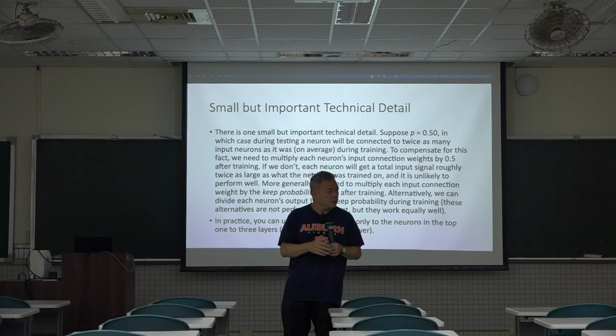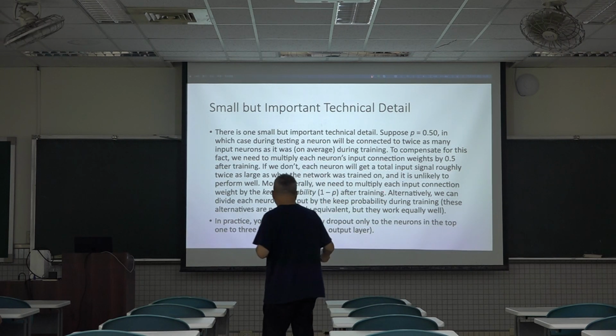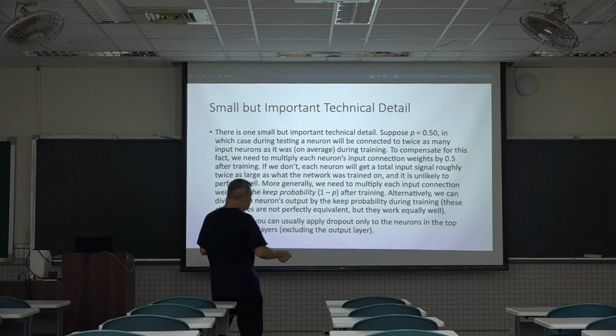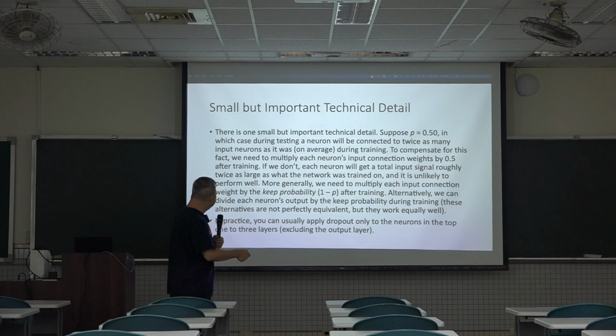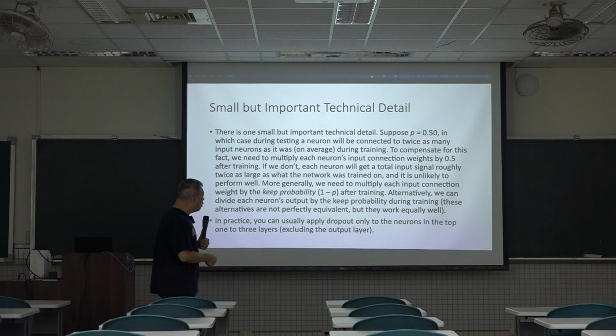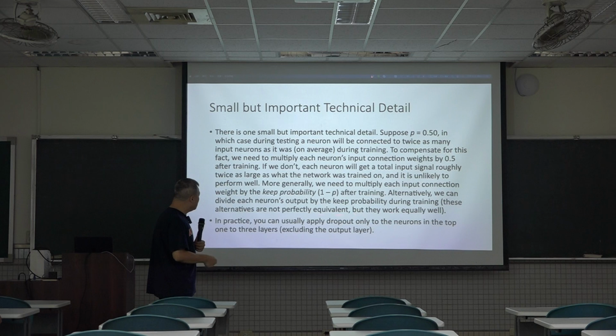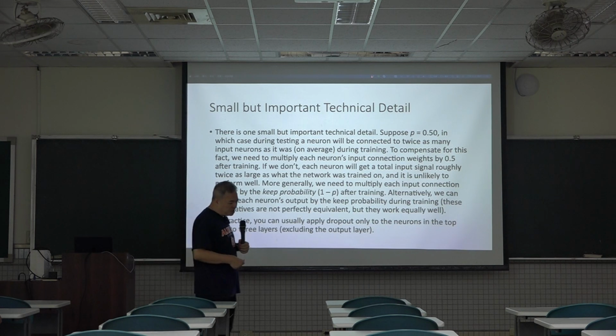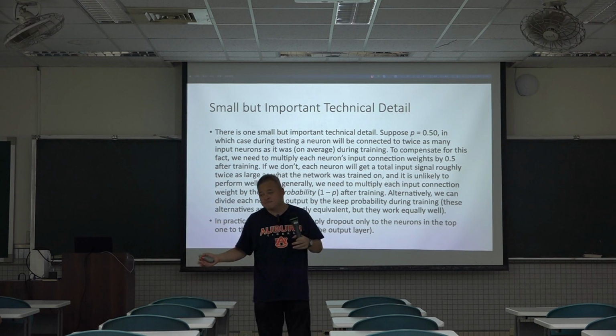Alternatively, you can divide each neuron's output by the keep probability during training. Then after the training, you don't need to do anything.